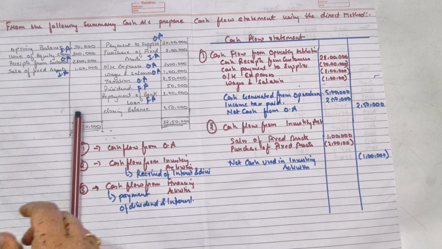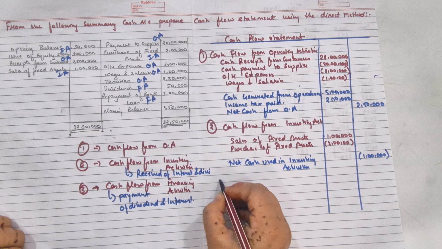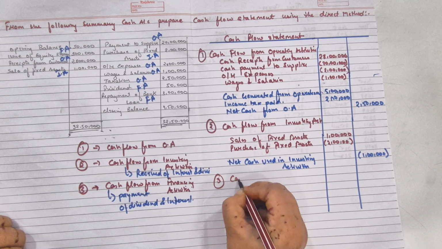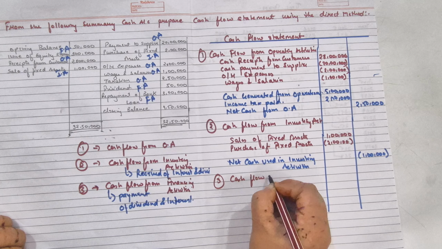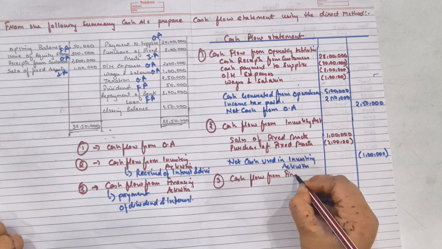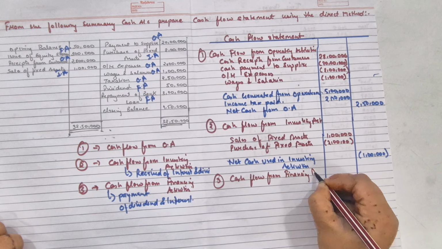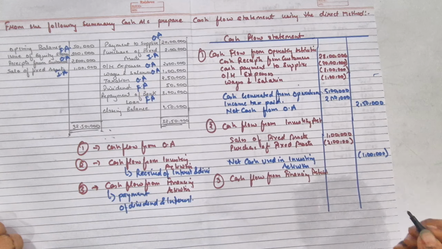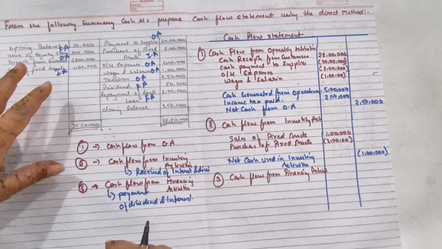Fine. Now our third and last point would be cash flow from financing activity, student. In this we have issue of equity shares.